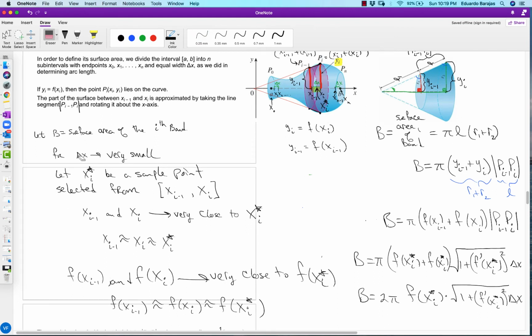Okay, so let me compact some of this information over here so I can make some room to organize this new formula and then how we're going to go to the next stage. So let's say this right here. So delta x is very small.